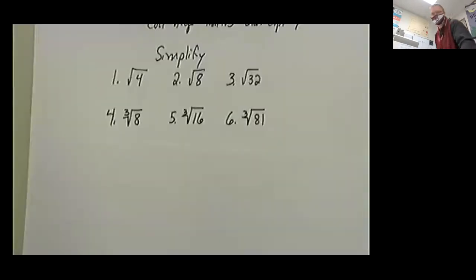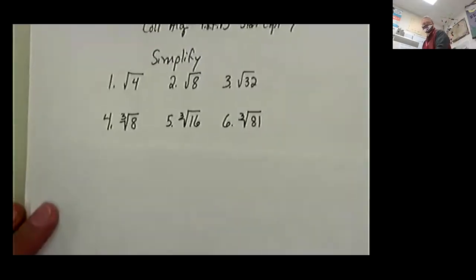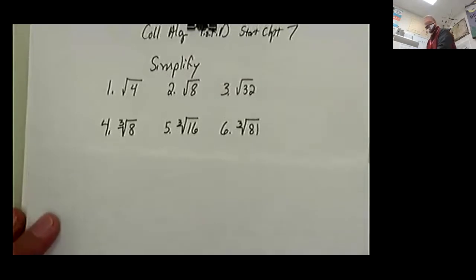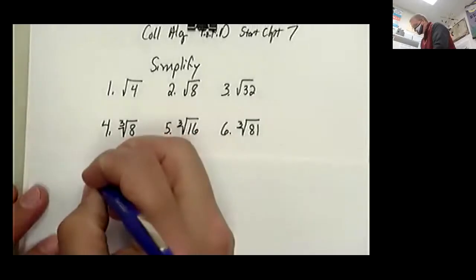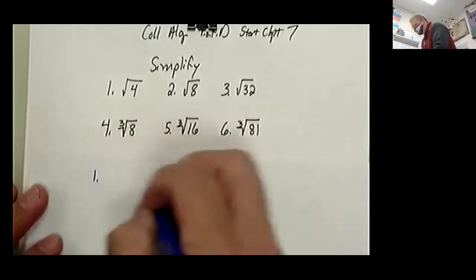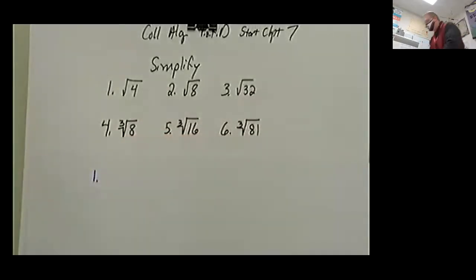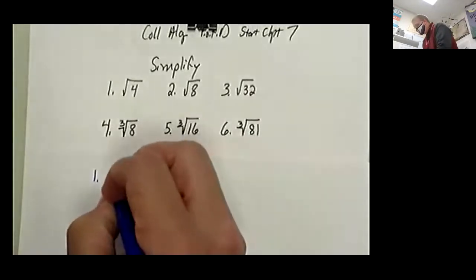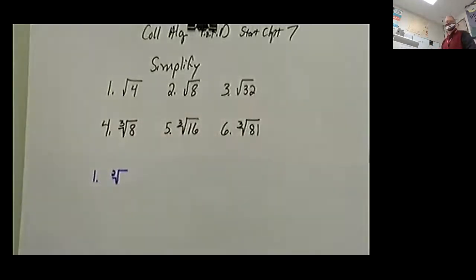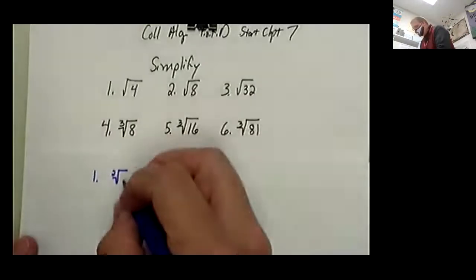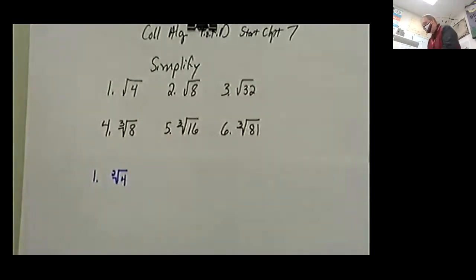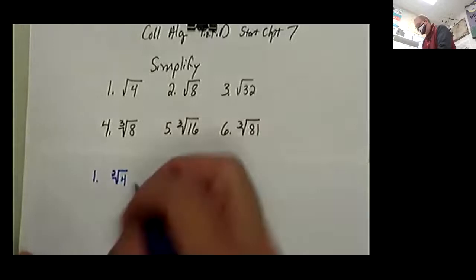So to give an introduction, we're going to look at some example problems to remember how to simplify radicals. Number one, we recall that when we're going to square root, notice there's always a 2 there, and that's why it's a square root. And what allows us to square root 4 is the fact that 4 is actually a perfect square.